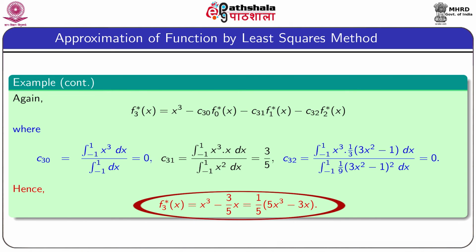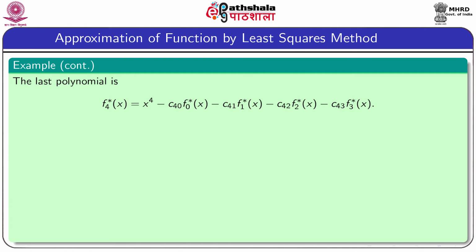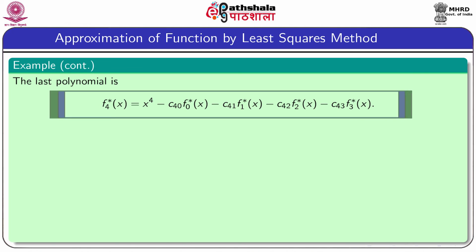Thus, f3*(x) equal to x cube minus 3 by 5 x, which is equal to 1 by 5 into (5x cube minus 3x).